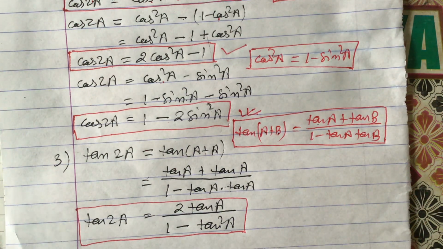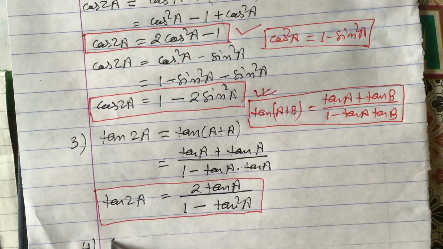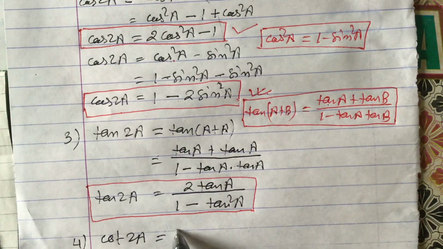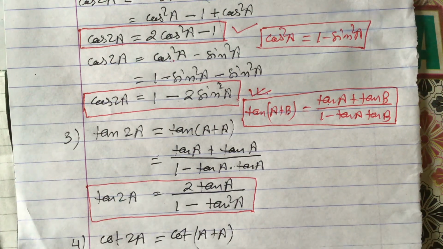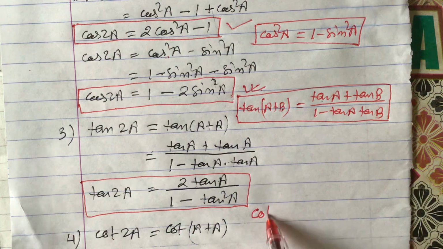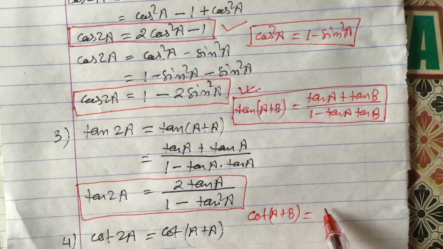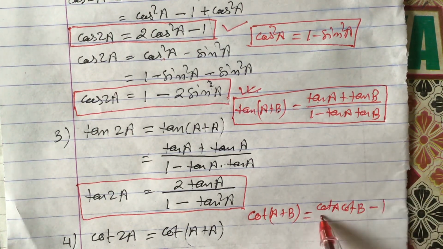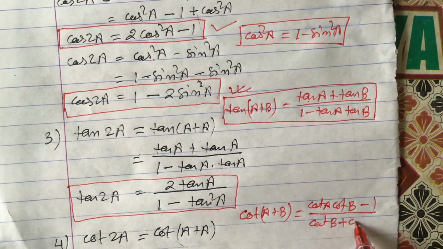Similarly, now we can derive the formula for cot 2a also. Number 4, that is cot 2a. Cot 2a can be written as cot of a plus a, so a plus a means a plus b. Now the cot a plus b formula, which we learned in class 9, is cot a cot b minus 1 divided by cot b plus cot a.